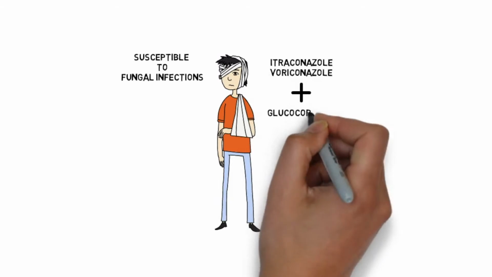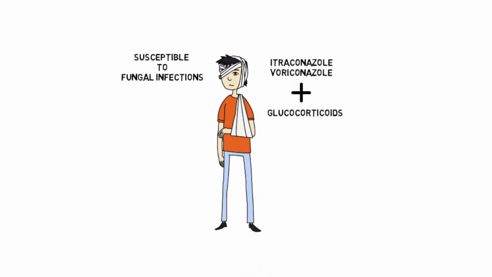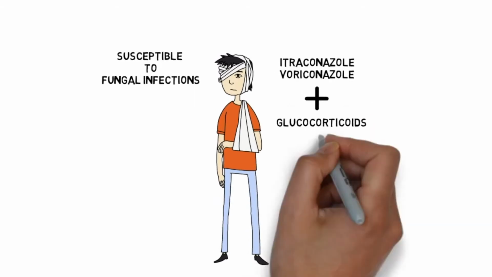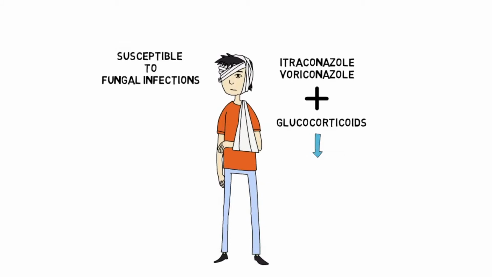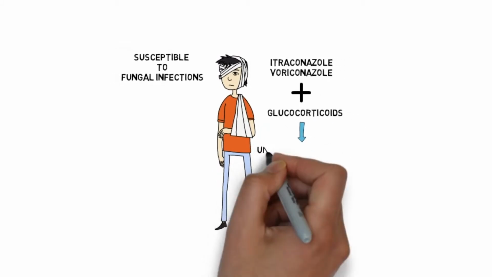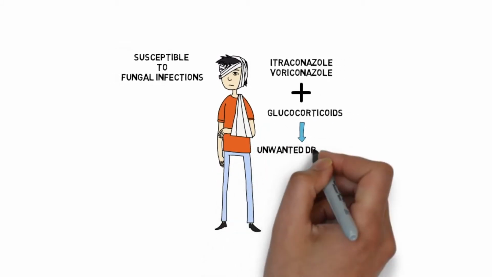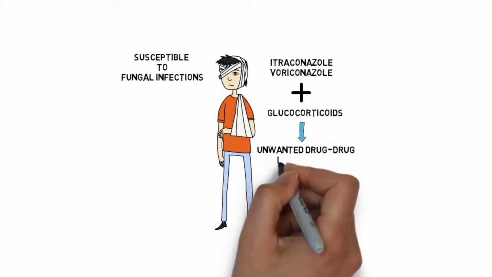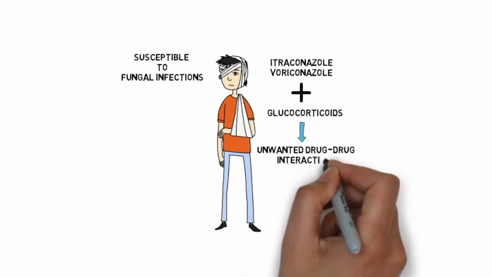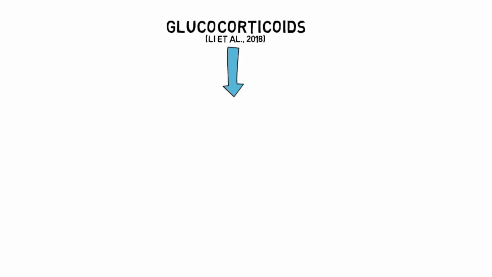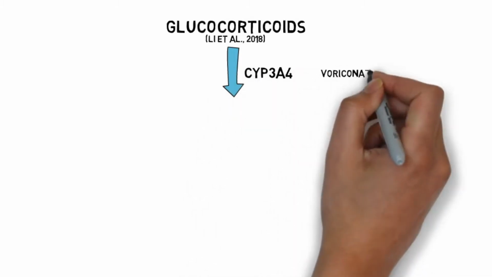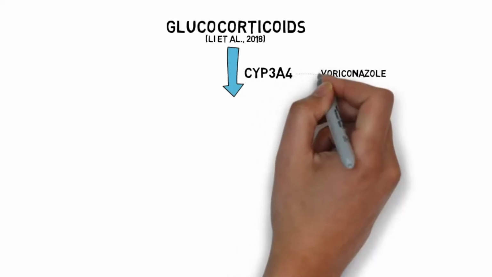Triazoles, such as itraconazole and voriconazole, are effective in the treatment of fungal infections due to their potent activity against a wide range of pathogens. Unfortunately, the co-administration of triazoles and glucocorticoids has shown to have some difficulties due to drug-to-drug interactions. Glucocorticoids are mainly metabolized by CYP3A4 and voriconazole inhibits CYP3A4.